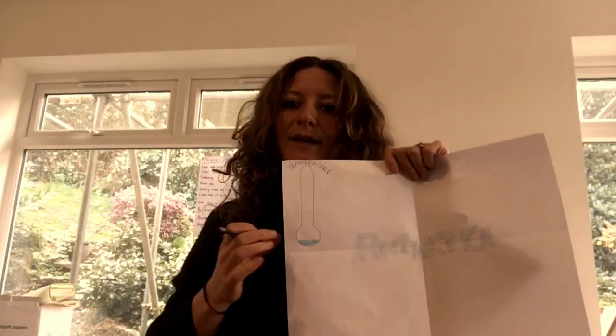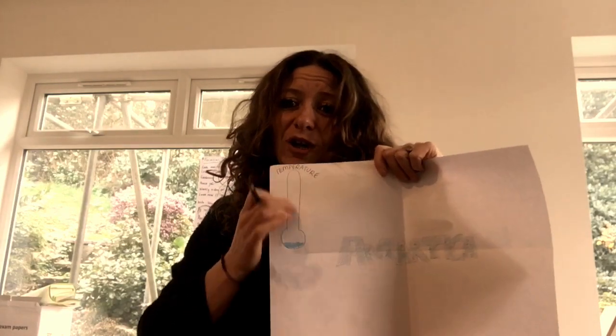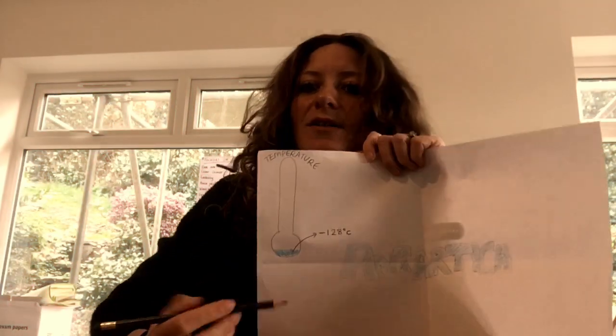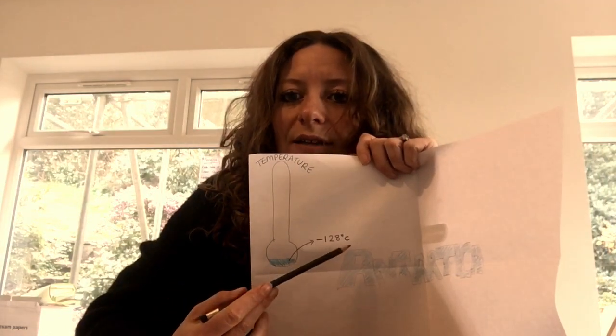Now, the way that I'm going to show that Antarctica is really, really cold is I am going to fill the bottom part of my thermometer with a little bit of blue here to show that the temperature is very, very low. And I'm even going to write on it that the temperature goes down to minus 128, and they measure it in something called degrees Celsius. So that looks like this.